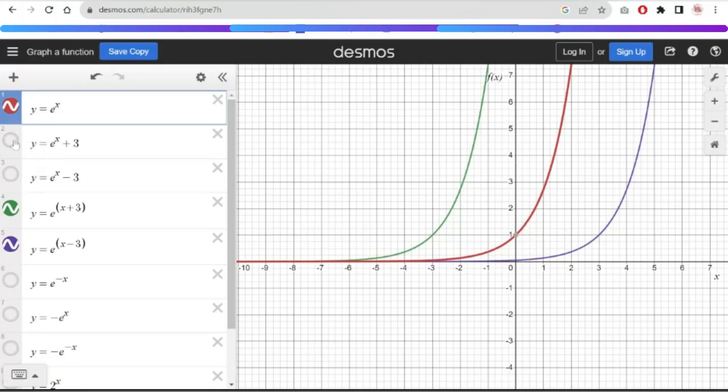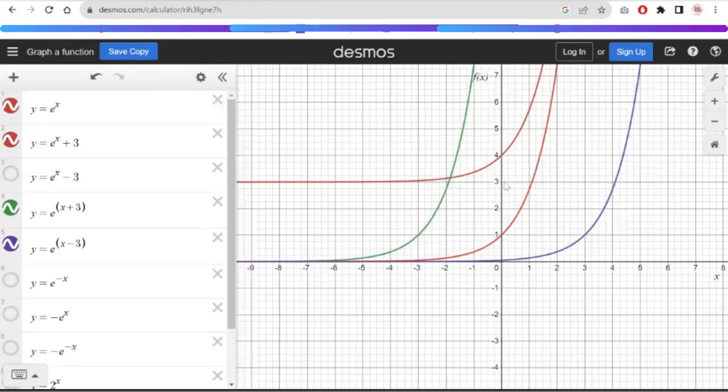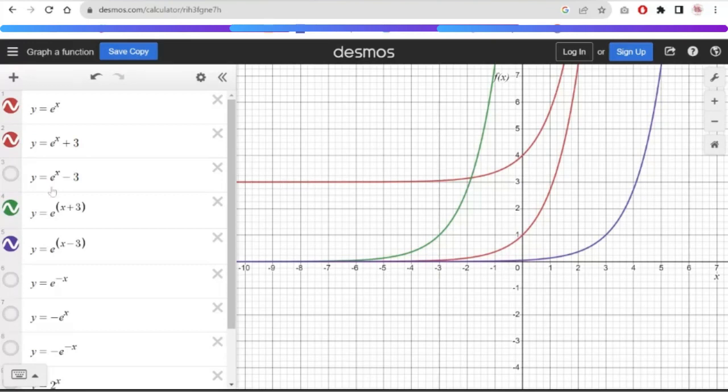Untuk function ni, y sama dengan e of x, y sama 0 kan, dia punya asymptote. Kalau y equals to e power of x plus 3, asymptote akan naik dekat 3. So kamu akan nampak graf ni dia ada di sepanjang line 3 ni. And then negative 3 pun dia akan gerak ke bawah lah asymptote dia.